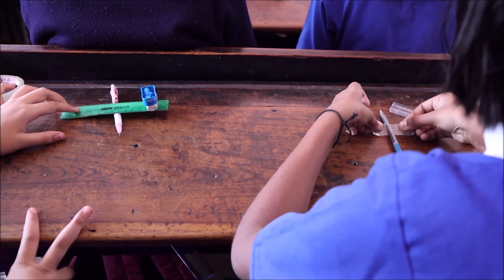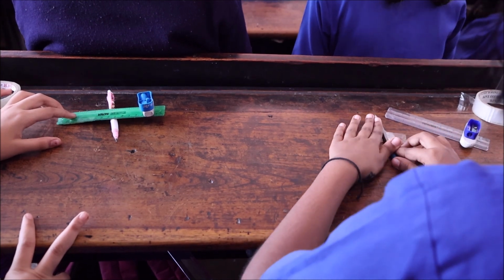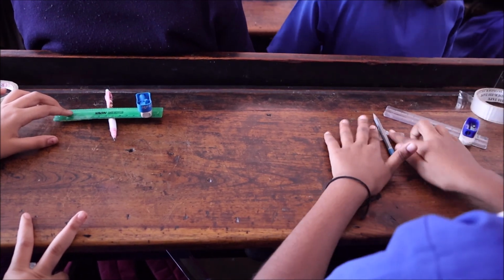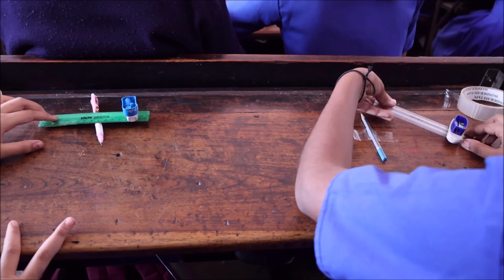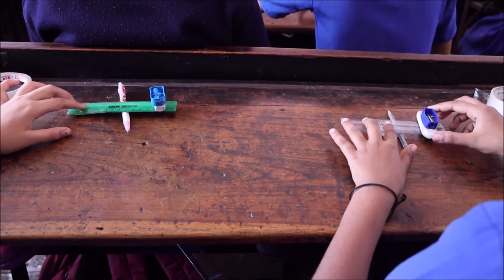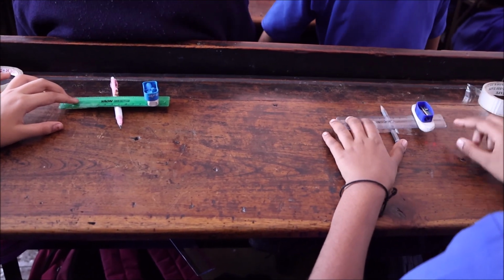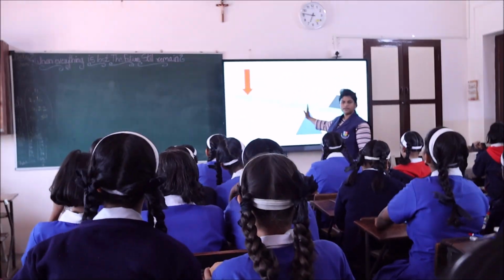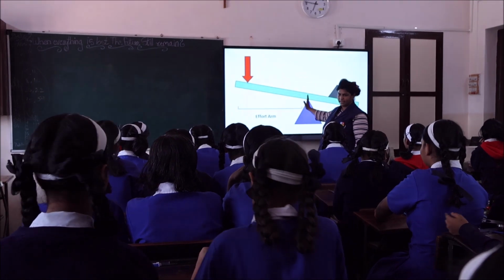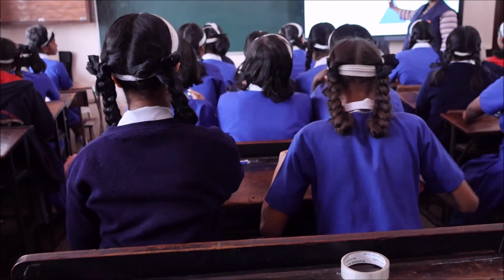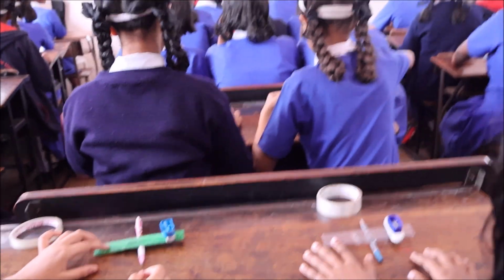Okay. Now, baby girls, where are you putting the pressure? On one side. Look over here, darlings. The fulcrum is your pencil at the center. It's acting as a fulcrum.